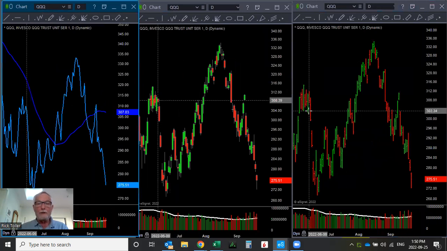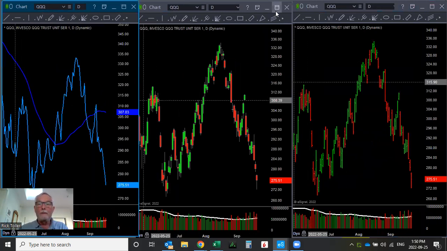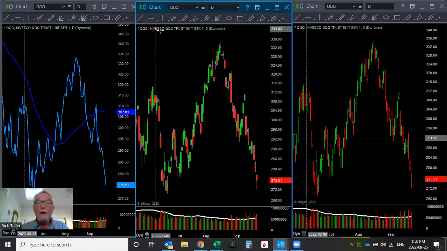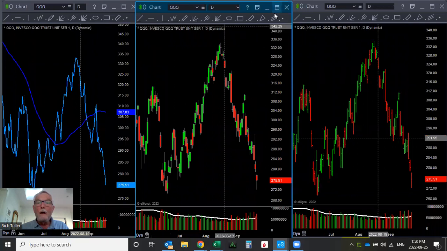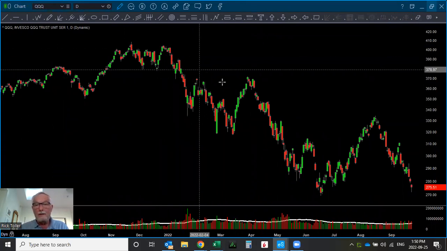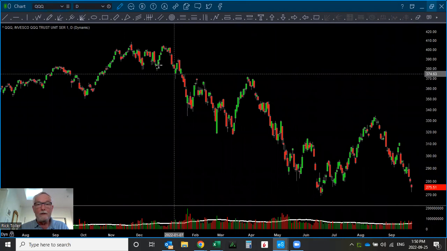Turning to candlestick charts, again, looking at a longer time frame, you get the same picture that we're in a downtrend.